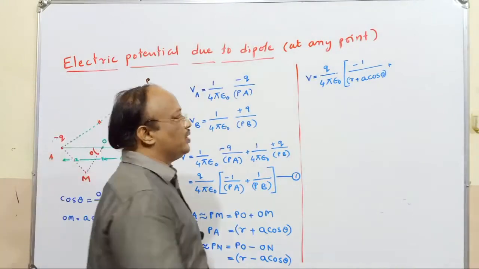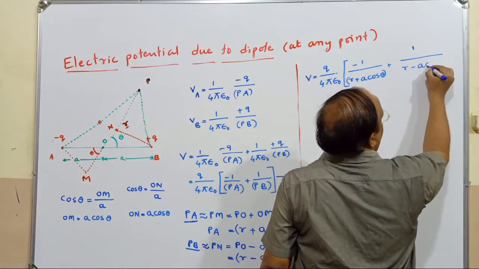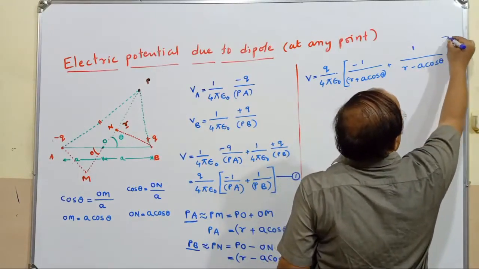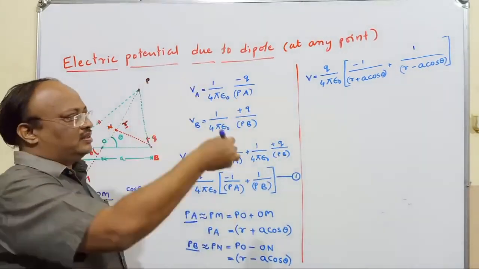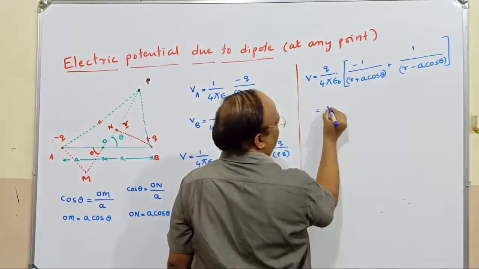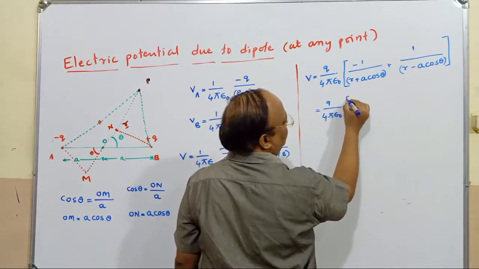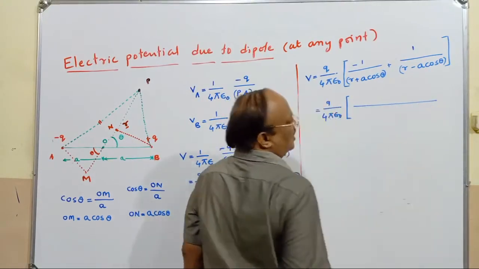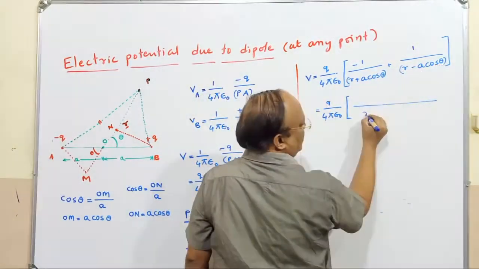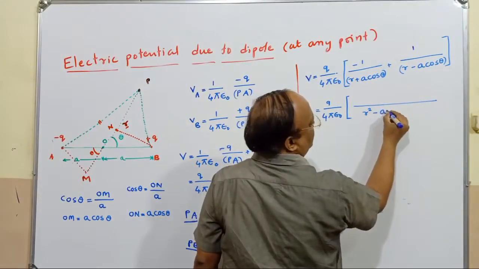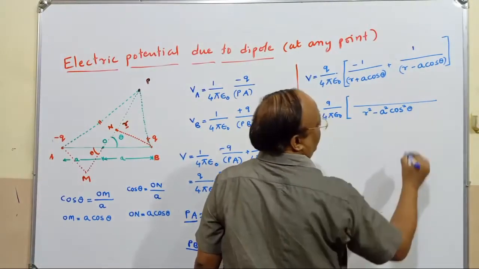What is PB value? It is 1 by R minus A cos theta. Okay, if you solve this equation, Q by 4 pi epsilon naught. This is like A plus B, A minus B. It is R square minus A square cos square theta.